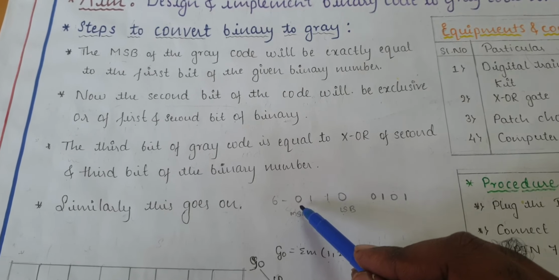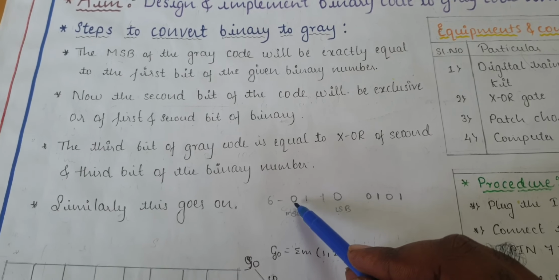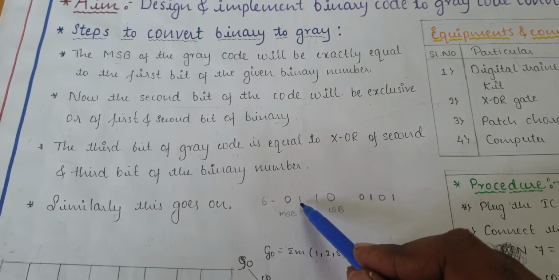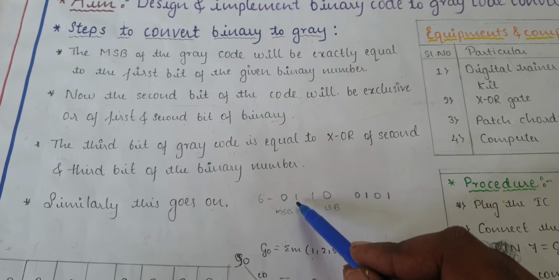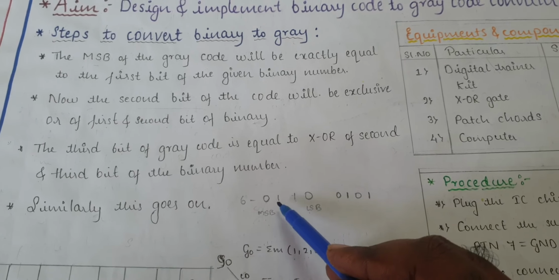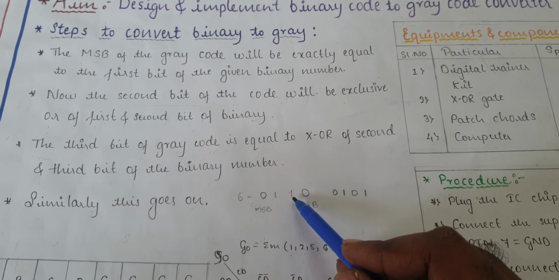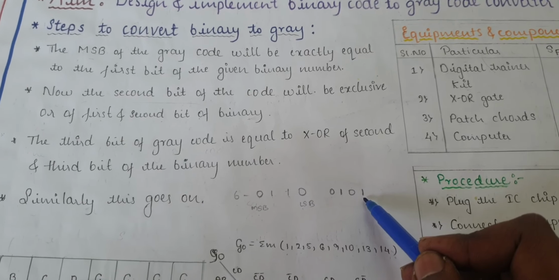In the first step, the MSB bit will remain the same. In the second step, you XOR the first and second bits of your binary, and the resultant will be the gray code. Then XOR with the next two, the resultant will be this, and XOR with the next two, the resultant will be this.